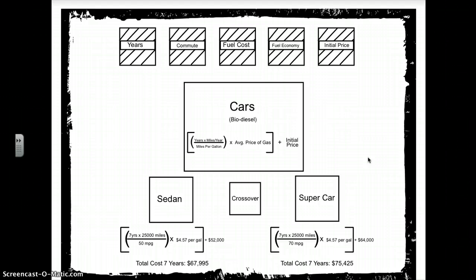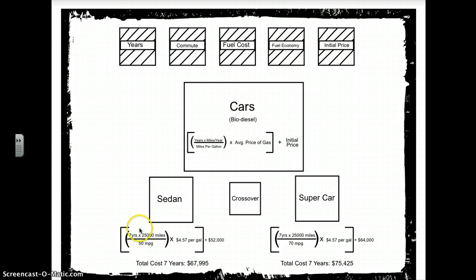And here's where you see the breakdown. So they take the different perspectives from the years, the commute, fuel cost, fuel economy, and initial price, and they'll lock those into an equation which will tell them which car will cost however much money based on whatever the year. So the variable here will be the year.